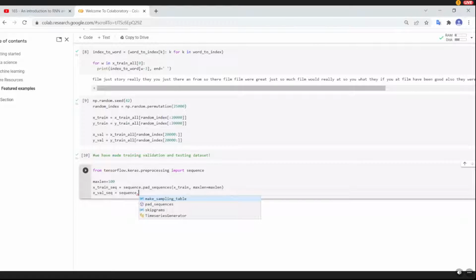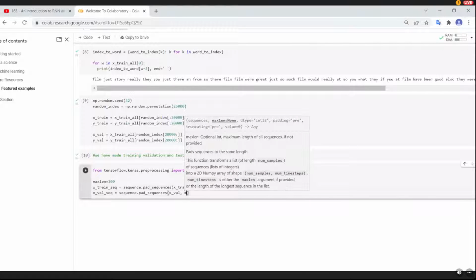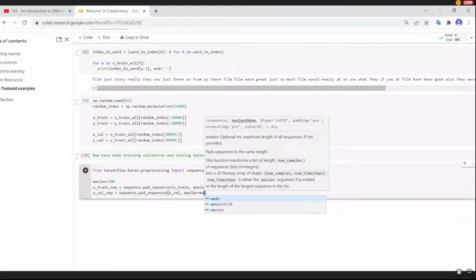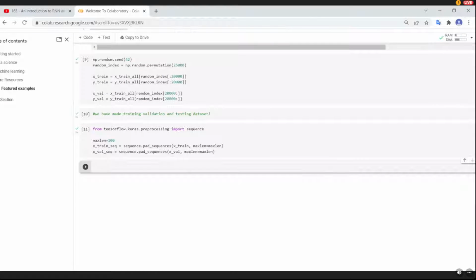Yeah, so what we have just done was putting in some padding, and padding is arbitrary numbers such as 0.